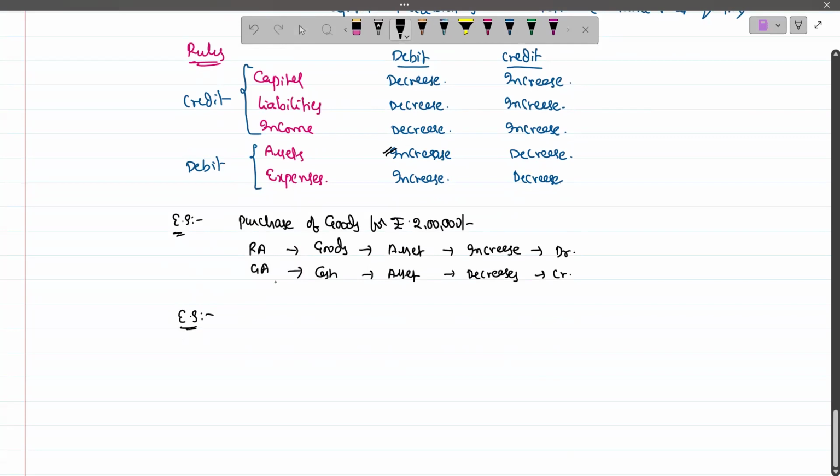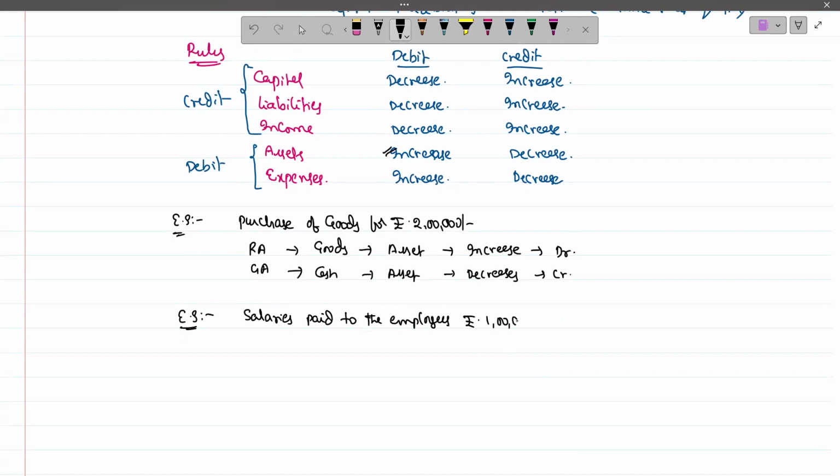Next, for example, salaries paid to the employees, rupees 1 lakh. What is the receiving aspect and what is the giving aspect? The receiving aspect is salaries, which represent services received.